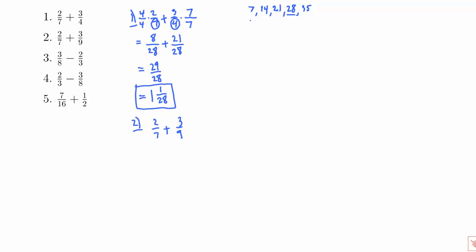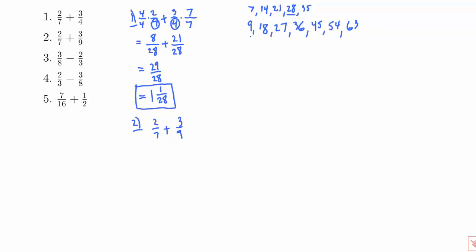But just to find out, let's write down the multiples. 9, 18, 27, 36, 45, 54, 63. And I'm going to stop at 63 because 9 times 7 is 63.